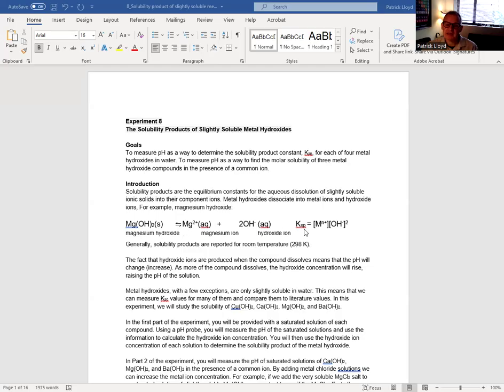The Ksp, the equilibrium constant, is the concentration of the metal ions, so that'd be magnesium, Mg2+, times the concentration of hydroxide. But because there's a 2 as a coefficient here, it would be hydroxide squared. So it depends on the magnesium concentration, but it also depends on the hydroxide concentration squared. Multiplied together, you have your Ksp.